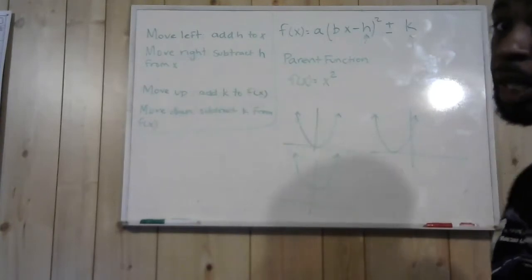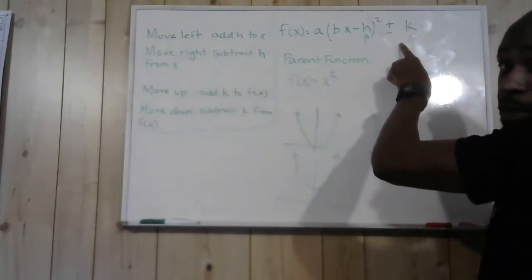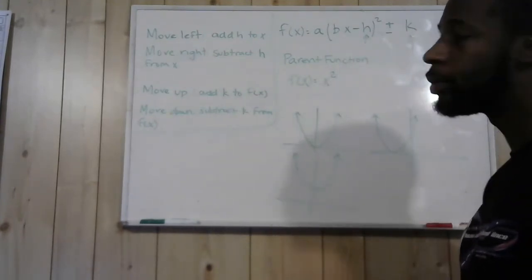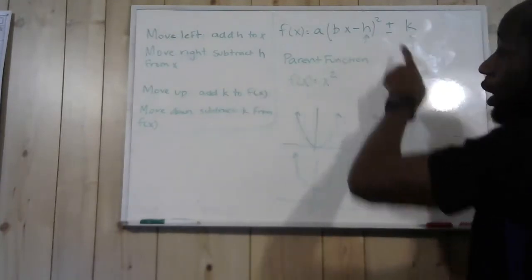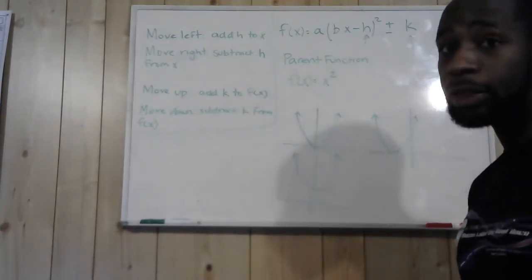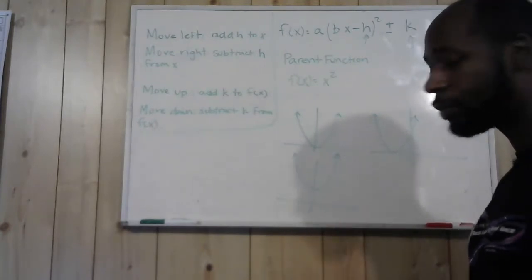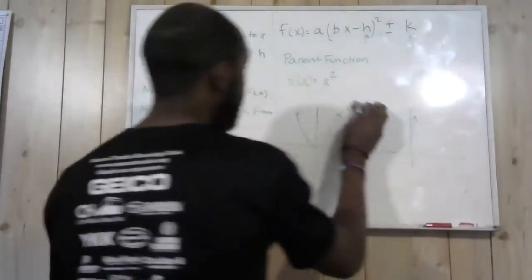If you want to move the function up, you add k to the function, some value, where k is just a variable. And if you want to move a function down, you subtract k. So let's look at it so it makes sense, so it's not just numbers and letters being thrown around.